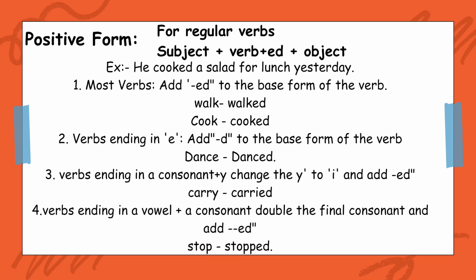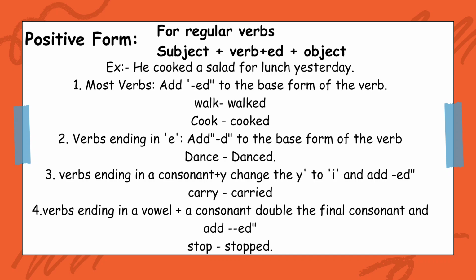Verbs ending with e add d to the base form: dance, danced. Verbs ending in a consonant plus y change y to i and add -ed: carry becomes carried. Verbs ending in a vowel plus a consonant then double the final consonant and add -ed.